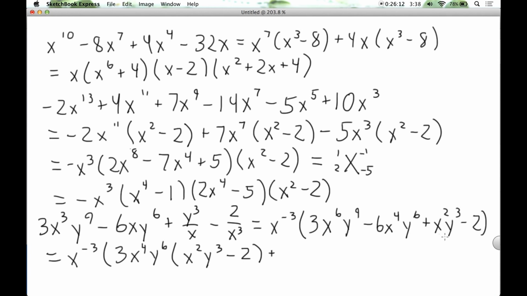And now look at this. This is exactly the same as this. So we don't have to factor anything out of this next group. It's already there. So we just add that back in.